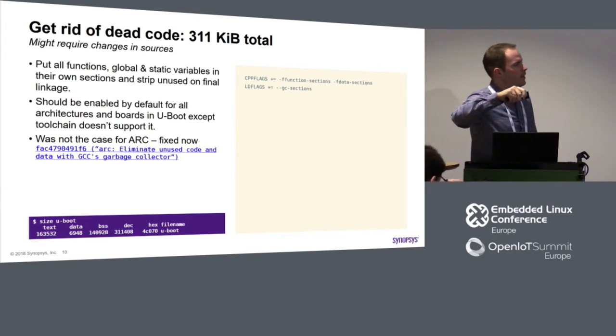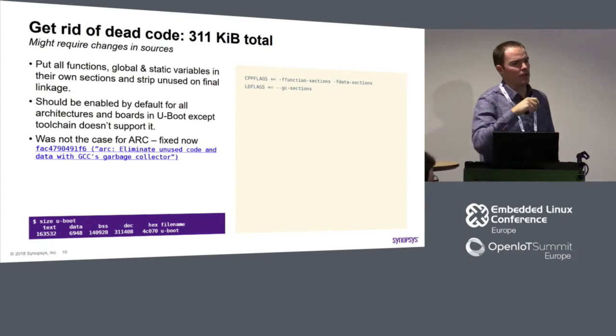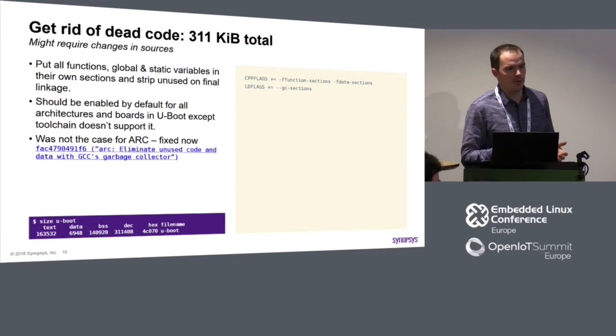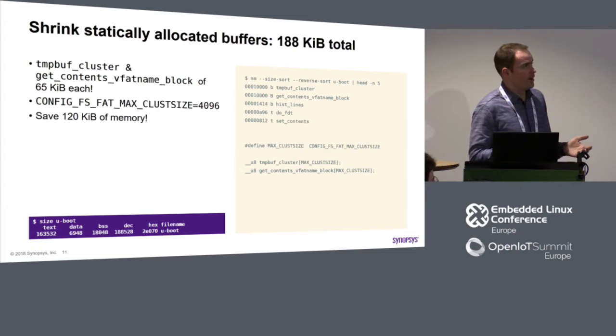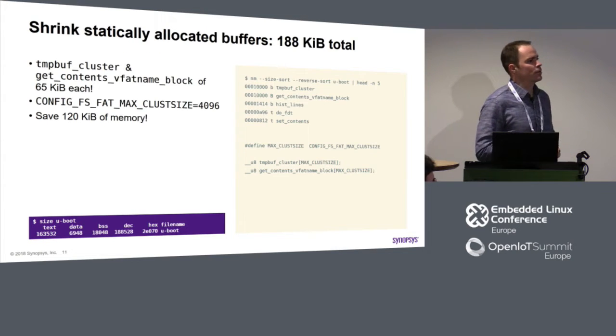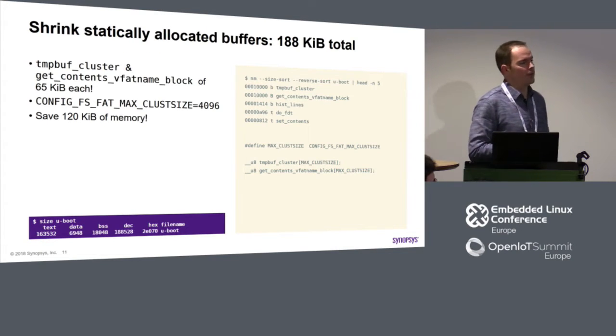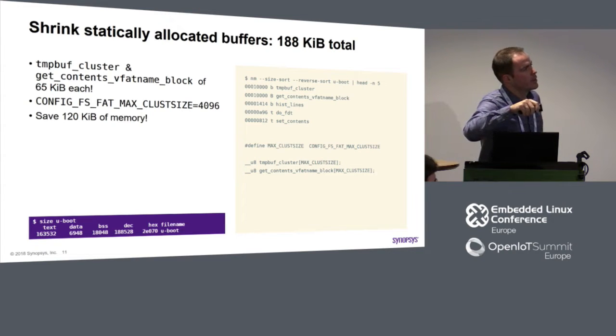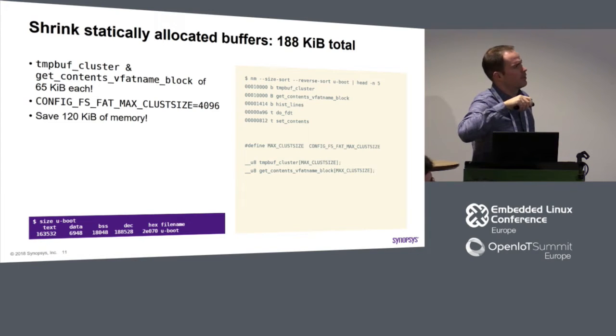And the interesting thing for me was immediately, like you see BSS, which is more than 100 kilobytes. And BSS is basically uninitialized statically allocated buffers. What's of that size? Okay, so let's do some analysis and see what that could be. With the very simple nm utility, I was able to figure out, okay, there are two buffers, each of which is 64 kilobytes.